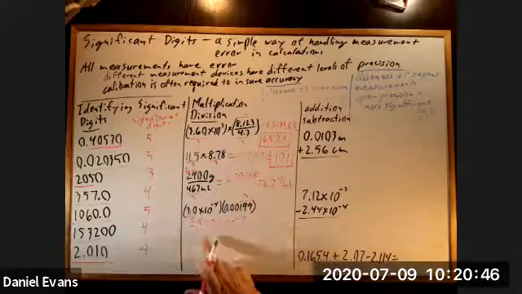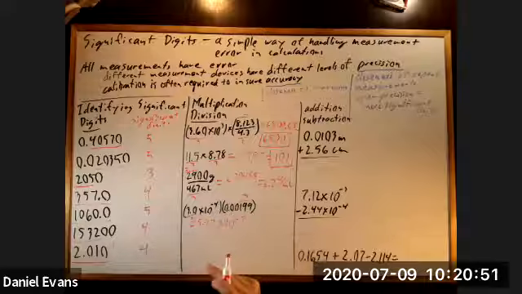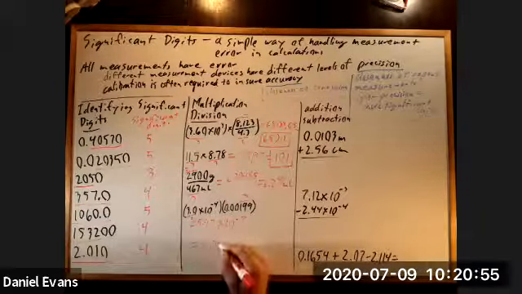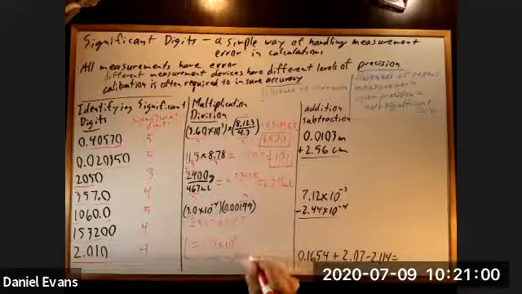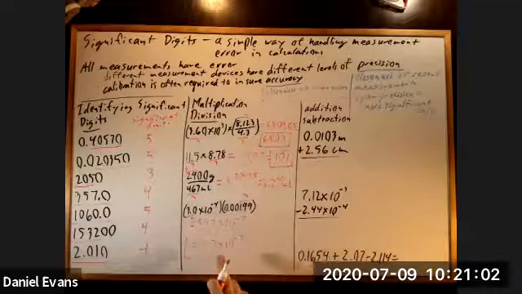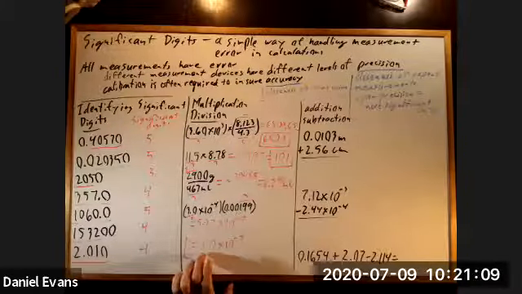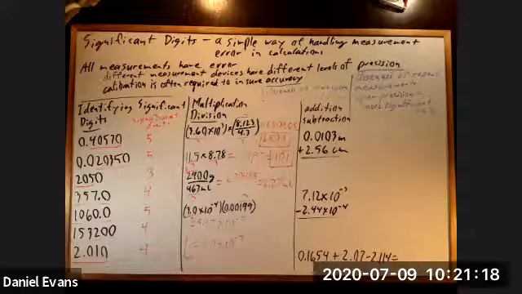When we're keeping 2, we're going to be cutting off a 7, so we're going to round up, add 1 to that 9. So that will turn into a 6.0, our 2 digits, times 10 to the minus 7. And in scientific notation, we always only want to write the answer with significant digits only. We do not want to keep any non-significant digits in it. So in scientific notation, this number is always only significant digits.